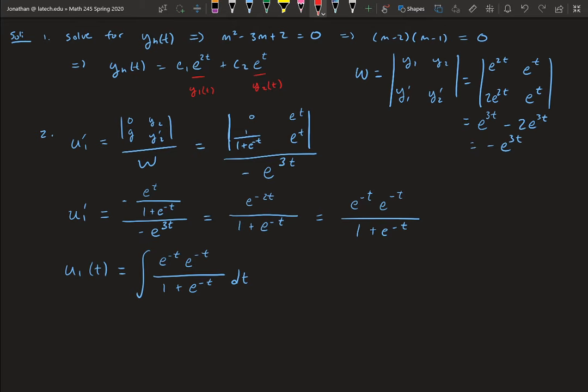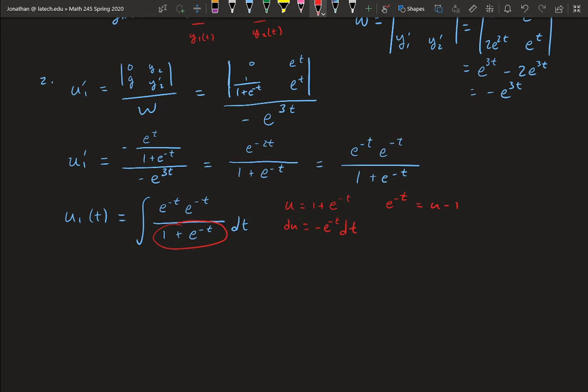So what I'm going to do is a u-substitution: u equals 1 plus e to the negative t. So basically the denominator is going to be my u, and e to the negative t I can rewrite as u minus 1. And du I can write as negative e to the negative t dt. So this whole u-sub is going to be the integral of e to the negative t dt, that's negative du.